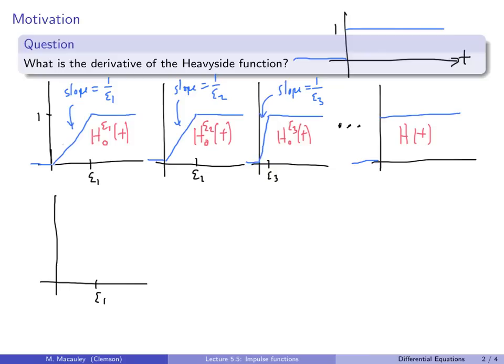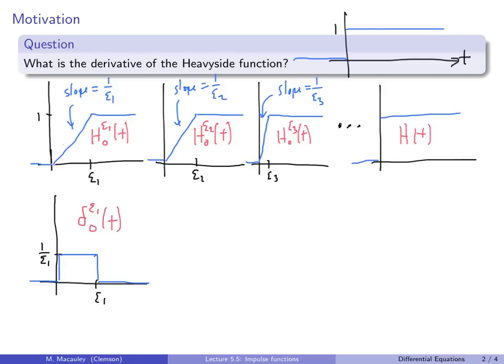So it's going to have height 1 over epsilon 1. So it's going to be this function. It's going to be an interval function. And let me just put these vertical bars here. And let me call this thing delta 0 epsilon 1 of t. So I'm going to name this function.